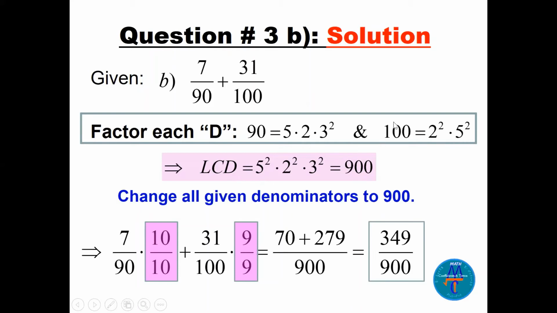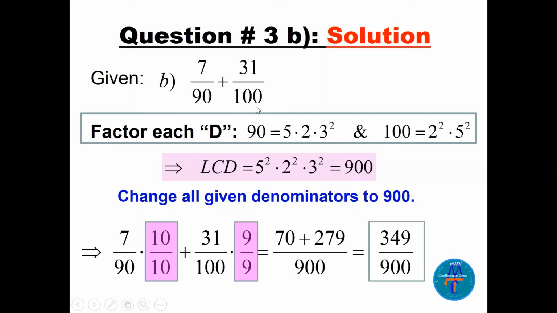Now I have to compare. 5 and 5 squared, I take 5 squared, the highest power. 2 and 2 squared, I take 2 squared. 3 squared by itself, there is no 3 there, so I take 3 squared. If there is nothing except that number, take it. Now if you multiply, it will be 900.